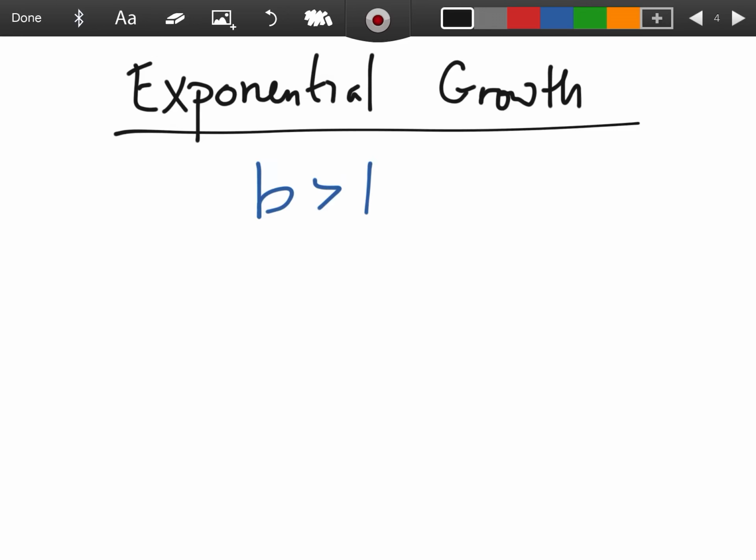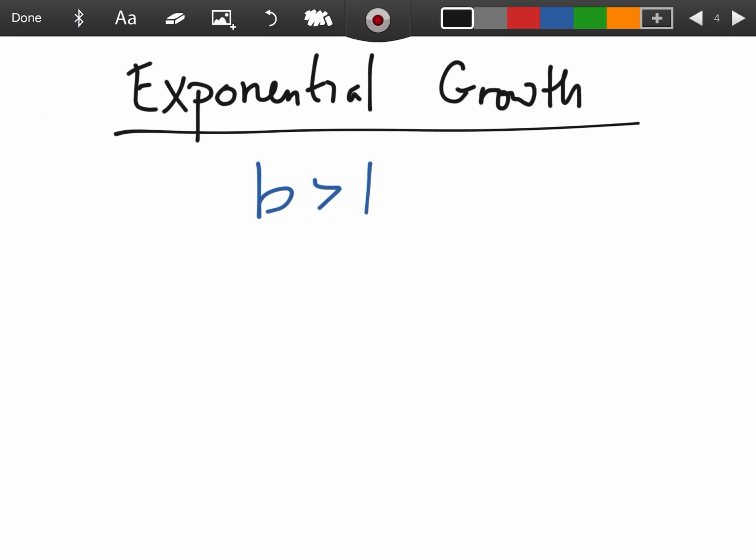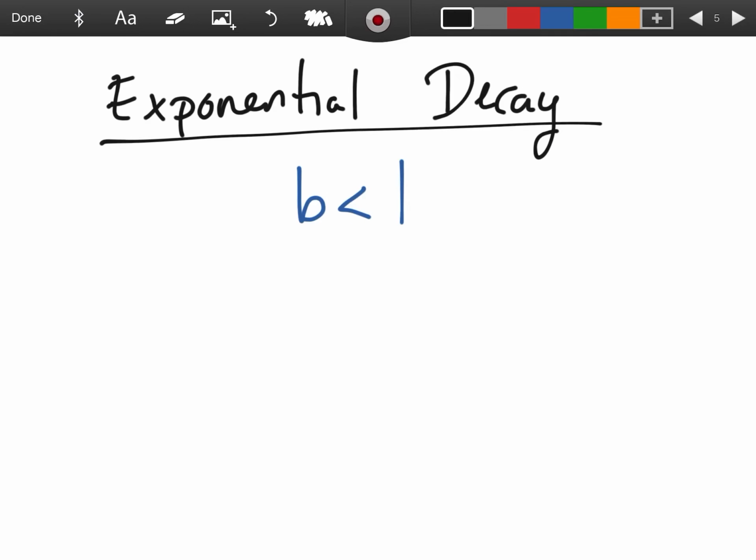All right, so exponential growth is going to occur when that b value is greater than 1. So my function is going to be growing when my b value is greater than 1, and we will see that soon. And it's going to be decay when my b value is less than 1.